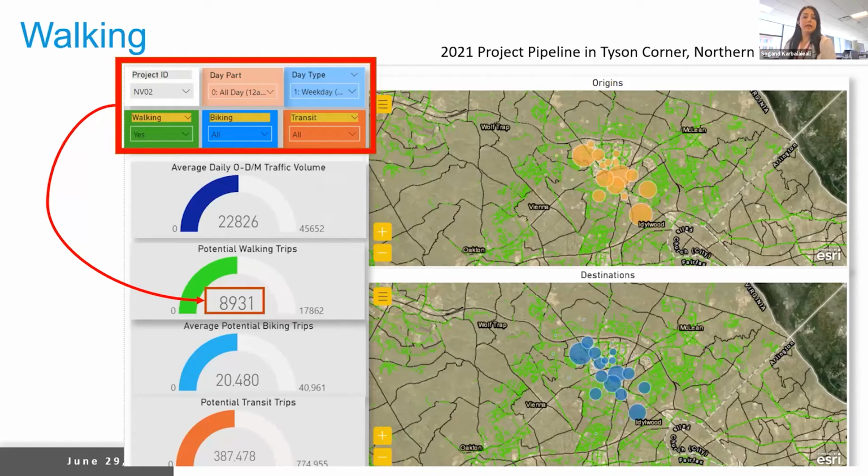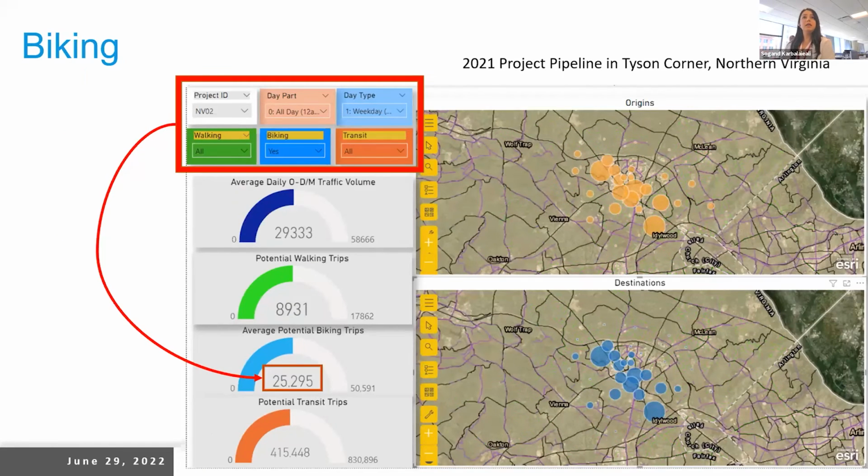And in the next slide, I selected bike, and the light blue chart shows potential biking trips for the area. These are trips less than 5 miles, and they are 25K trips per day.